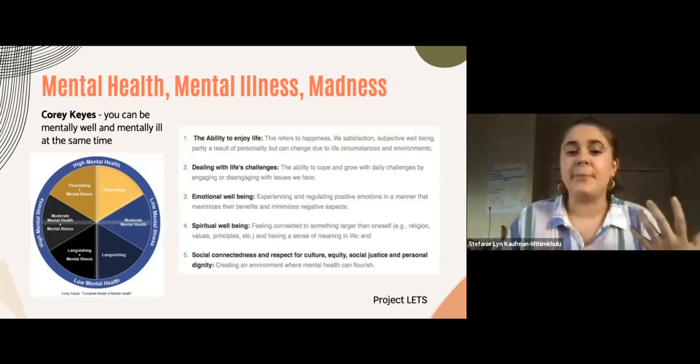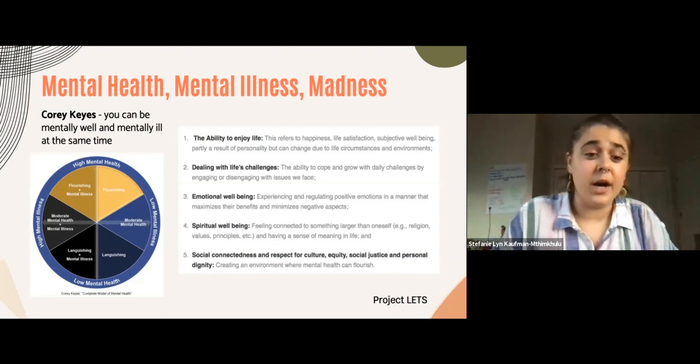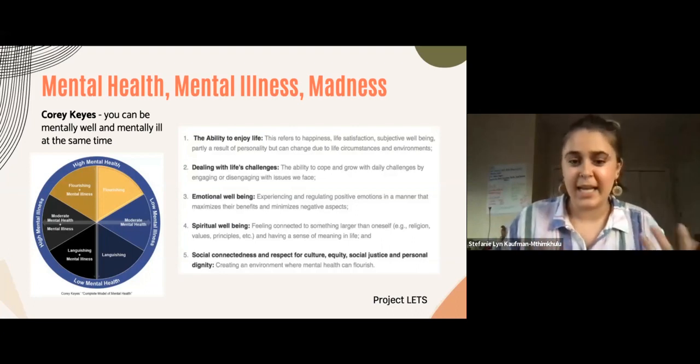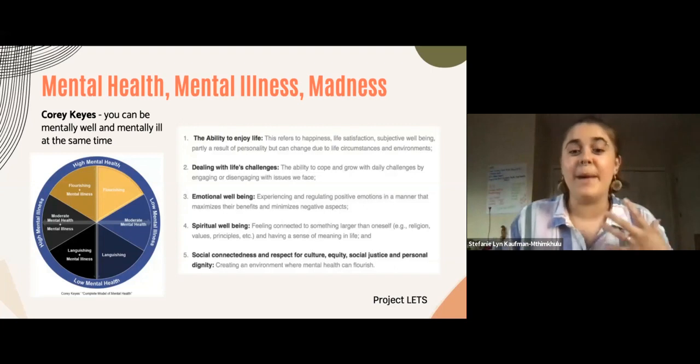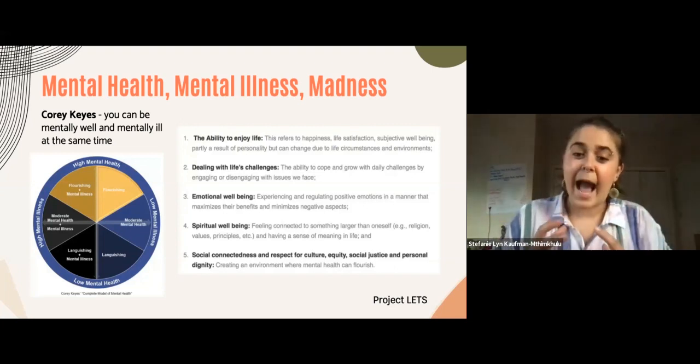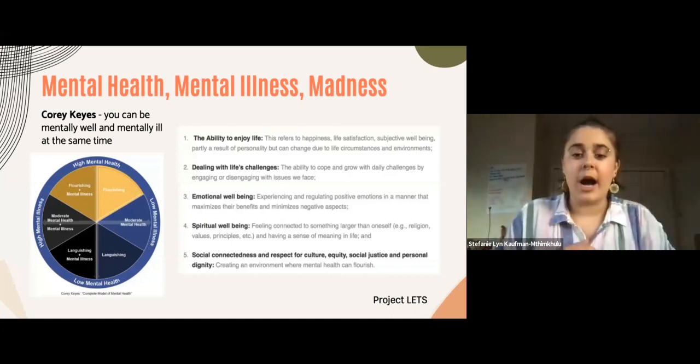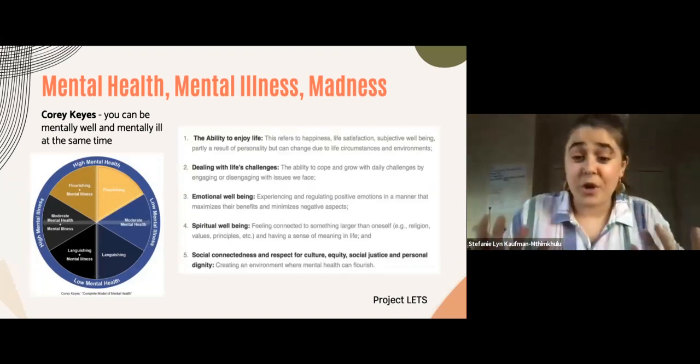Also having some type of skills to navigate life's challenges, thinking about our emotional well-being, our spiritual well-being, and this concept and idea of social connectedness, and respect for culture, equity, social justice, personal dignity. This is why intersectionality is so critical, because when we're talking about mental health, we can't really have an apolitical conversation, right? We have to be thinking about how we struggle with our mental health, right?